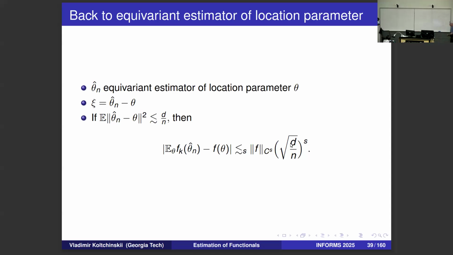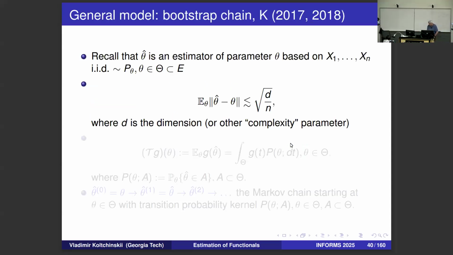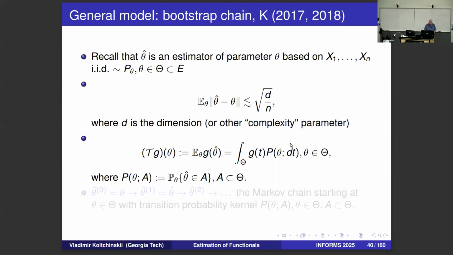Now, what to do if we are dealing with a more general model? It's not necessarily a location model, it's more or less an arbitrary model. How do we do something similar to what we did in the case of the location model?